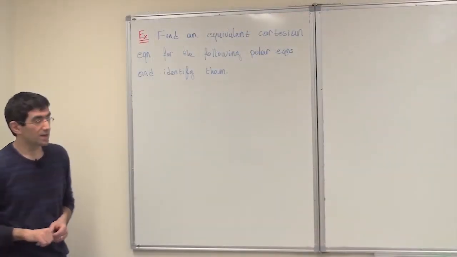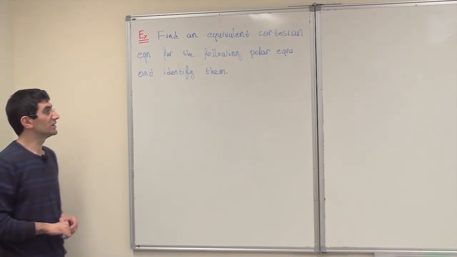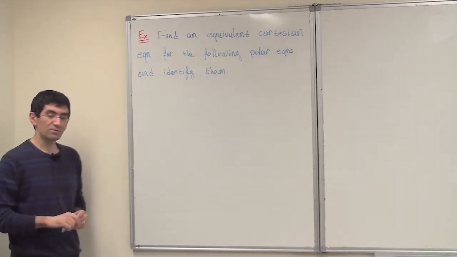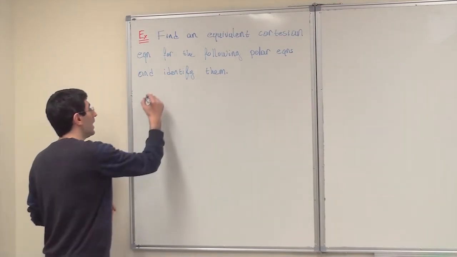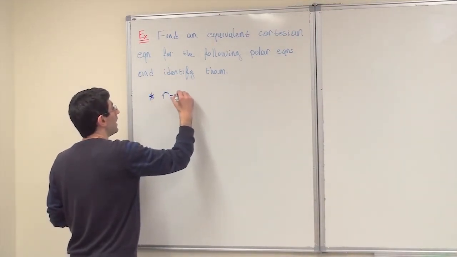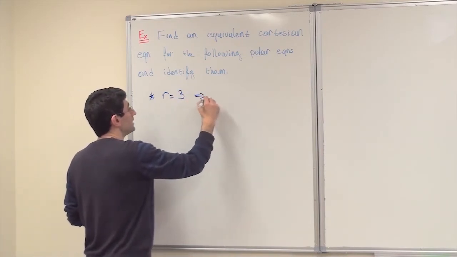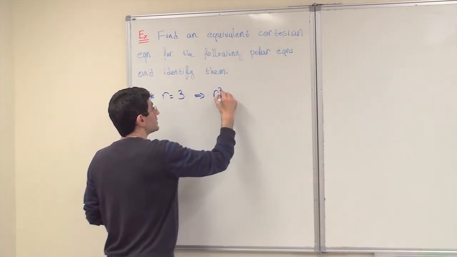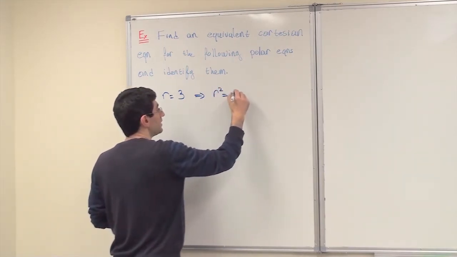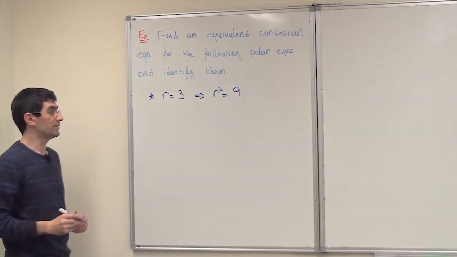In this exercise, we are going to find equivalent Cartesian equations for the given polar equations, and then we will identify them. Our first example is the polar equation r equals 3. Now, if we square both sides of this equation, we are going to obtain r squared is equal to 9.